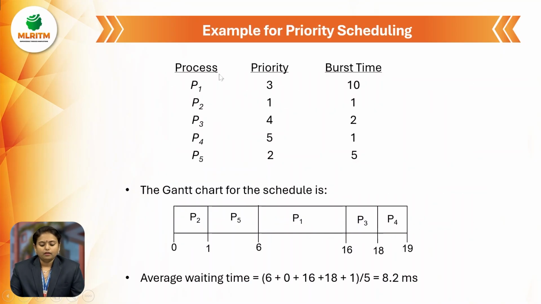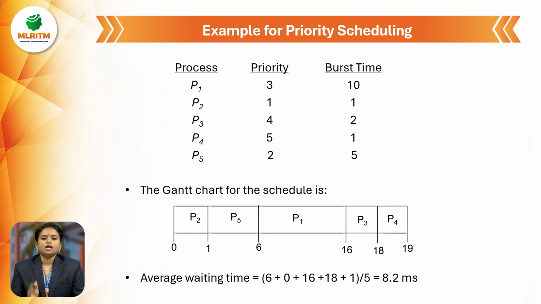For example, here we have taken 5 processes and burst times, and the CPU has given a priority for each process. Based on the priority, what is this scheduling algorithm? Priority scheduling.